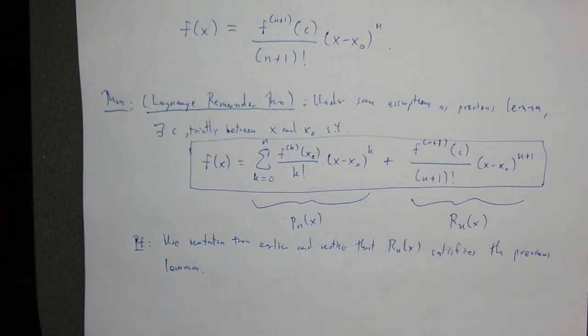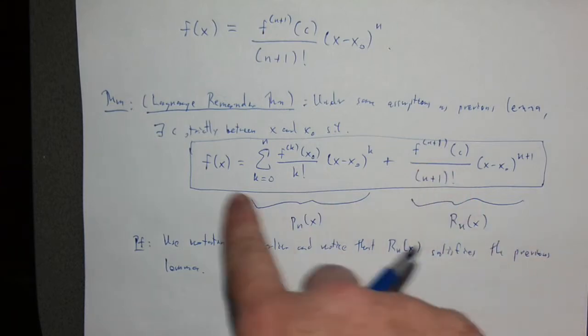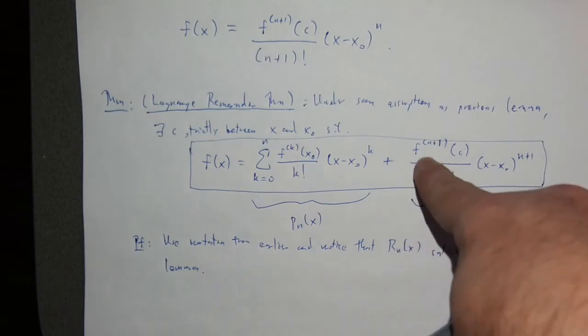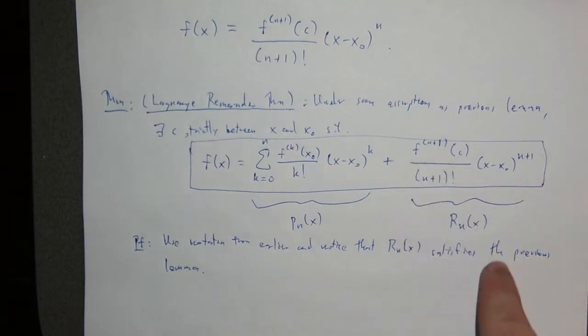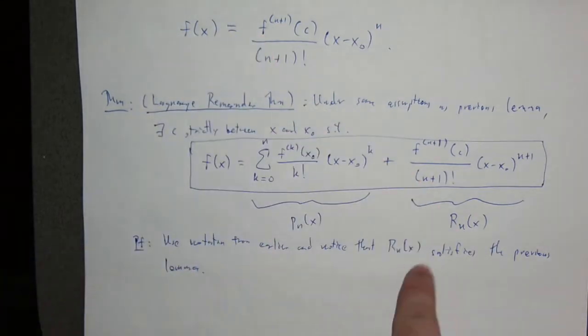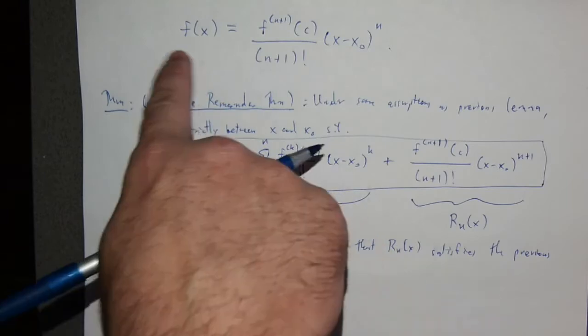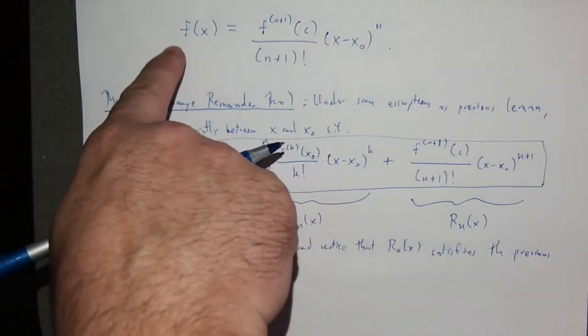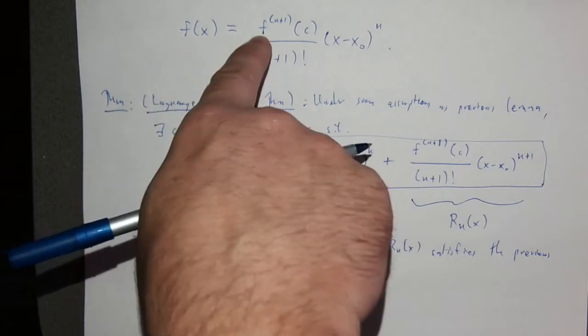And you might say, wait, this R sub n of x is defined as this difference, and then this thing is f, whereas the lemma in question is self-referencing. There's an f here and an f here. If I applied the lemma to R sub n, then I should have an R sub n of x here and an R sub n of x here.